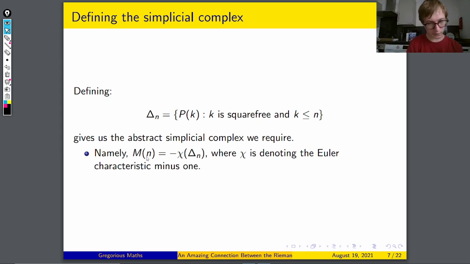But in this case, because our Euler characteristic turns out to be such an important function in number theory, we're using topological methods to study a number theoretic thing. And that's where the importance of this lies.